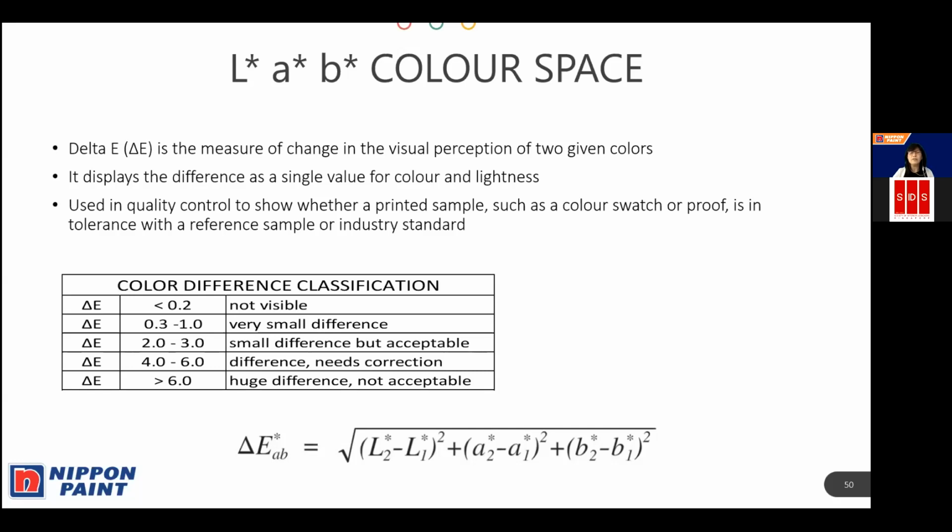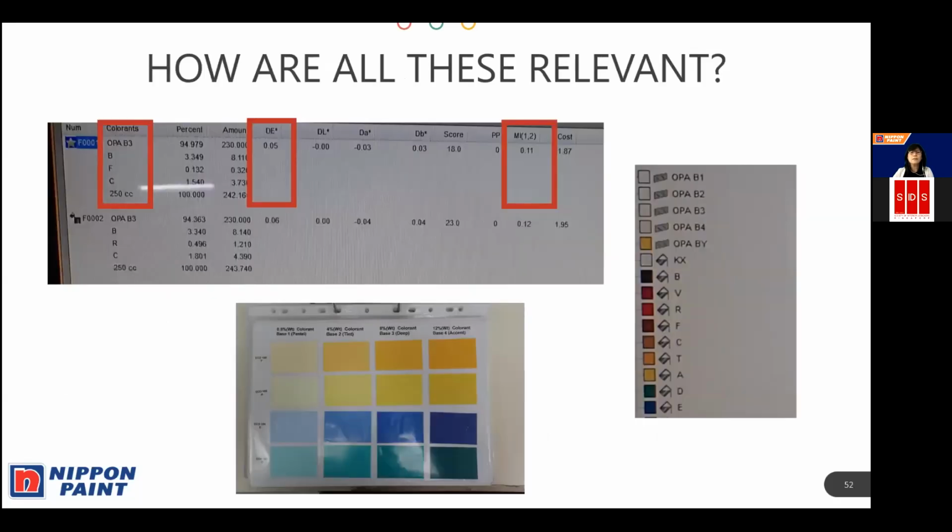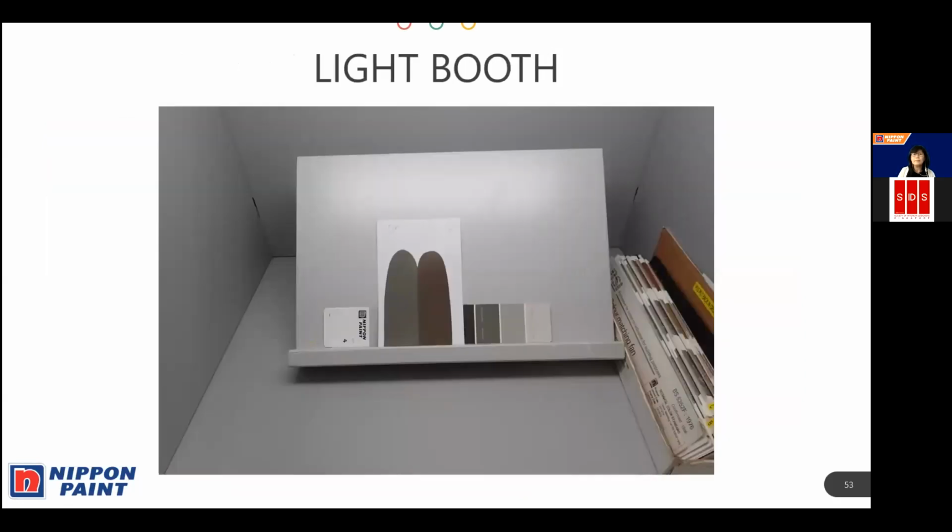It's a very, very huge difference. So when we measure a delta E of 0.05 or 0.1, our QC will probably say it's okay and good to go out, because the delta is so minimal that it is not really visible at all.